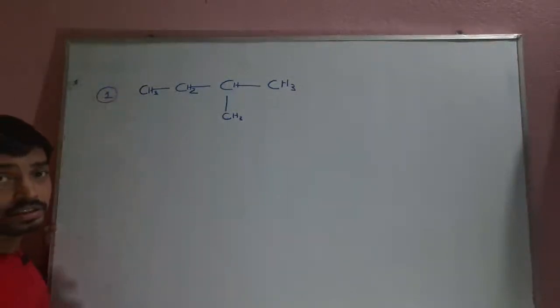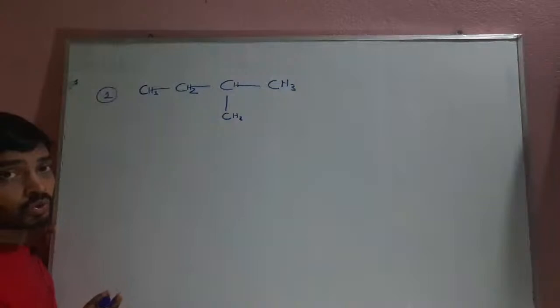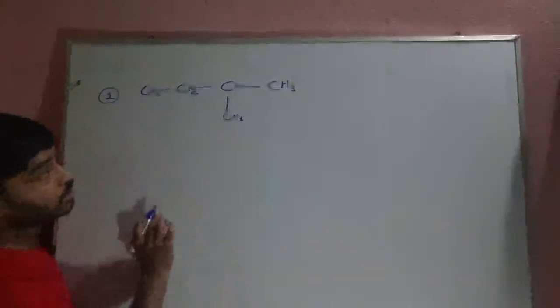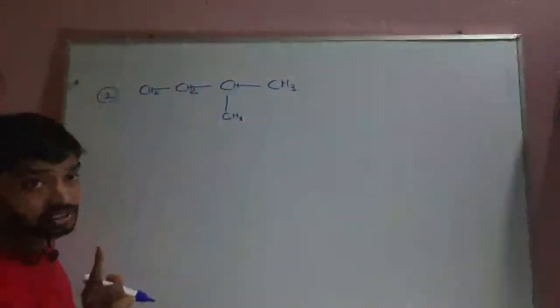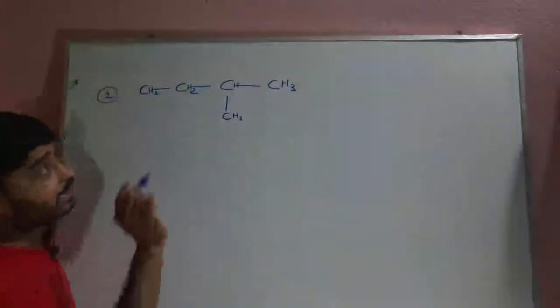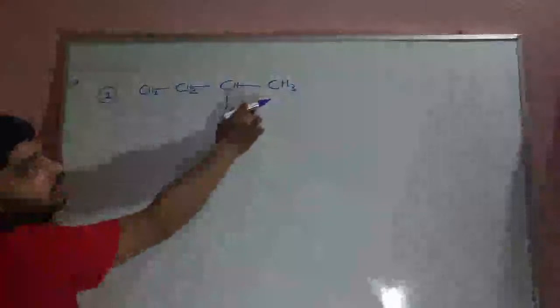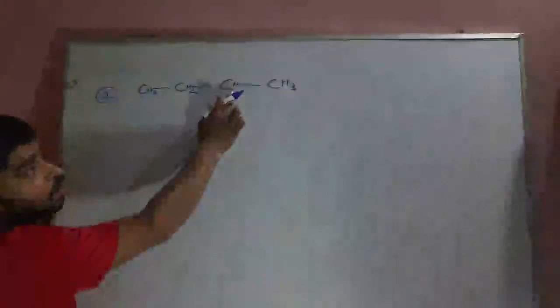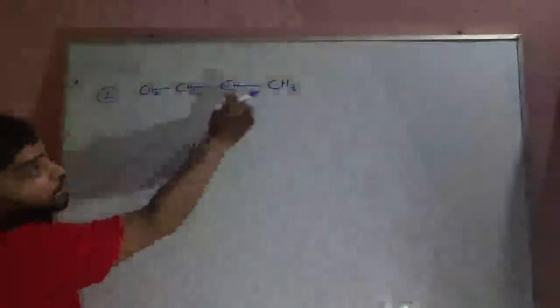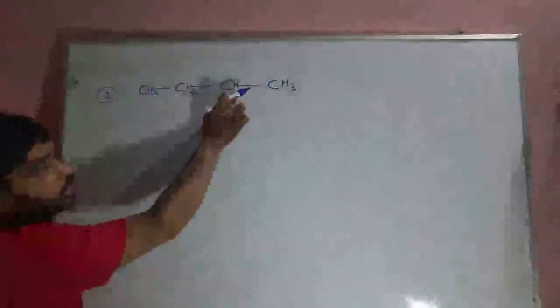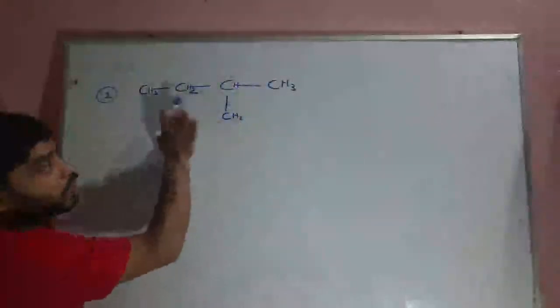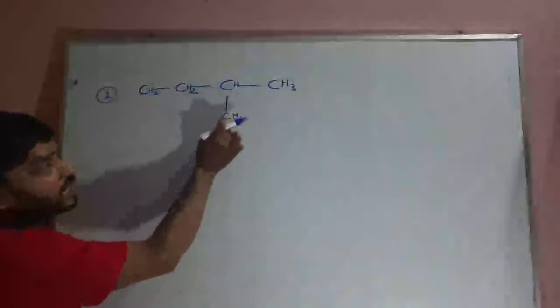So in this case, we should first select the longest continuous carbon chain. Then the carbon atom of the alkyl group or the carbon atom of the longest continuous carbon chain will give minimum locant to this alkyl group.